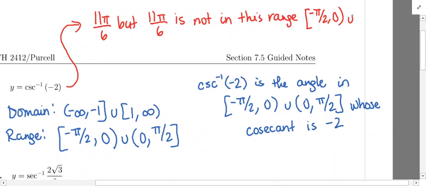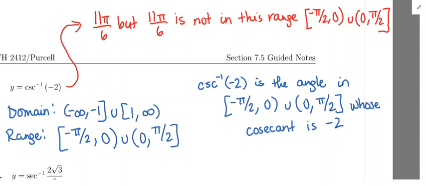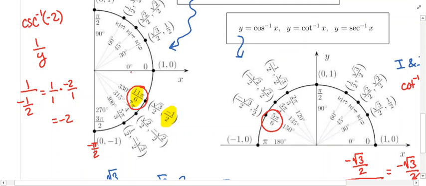What we have to do is find something coterminal with 11 pi over 6 that is in this range. When you look at your unit circle, think about negative angles. If your angle starts along the positive x-axis and you rotate to here, this is -pi/6, an angle between -pi/2 and +pi/2.